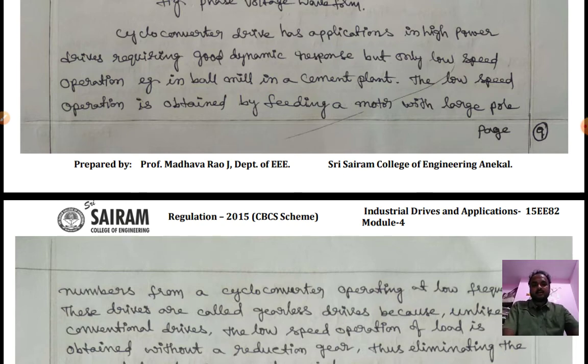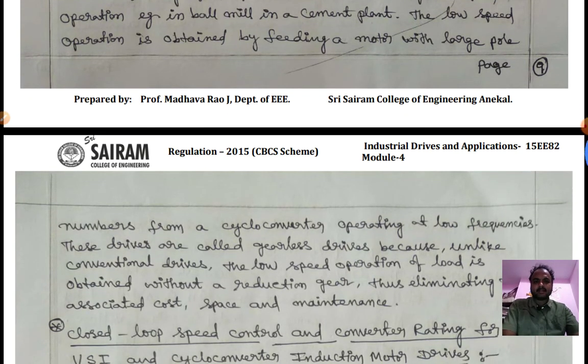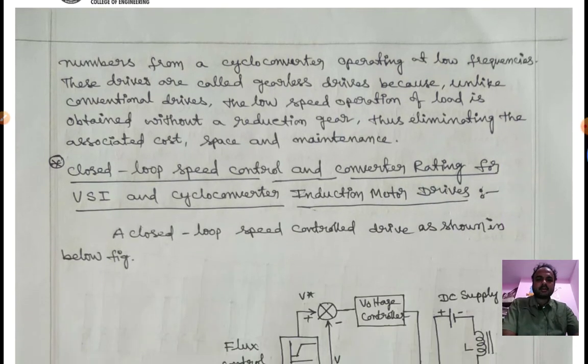Next, the low speed operation is obtained by feeding a motor with a large pole number from a cycloconverter operating at low frequencies. We can also call these types of drives conventional drives.